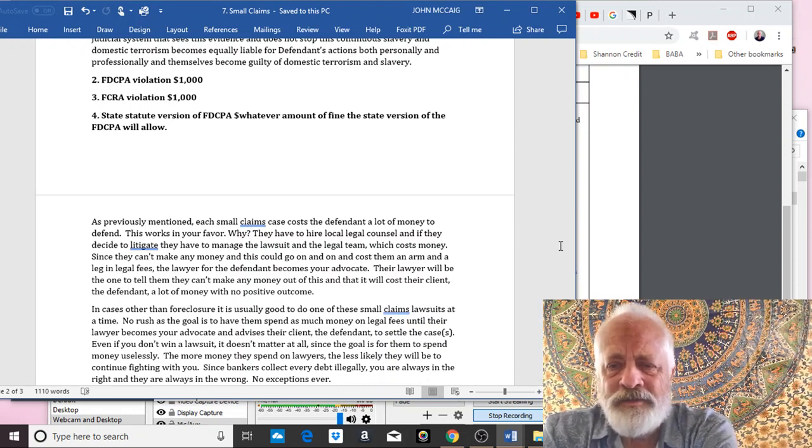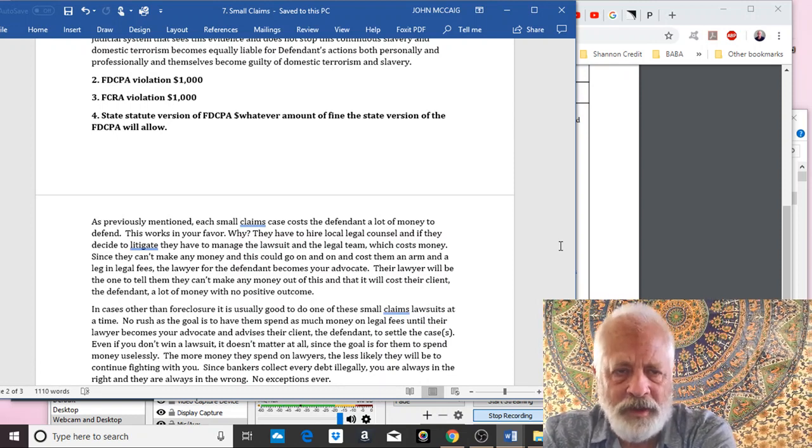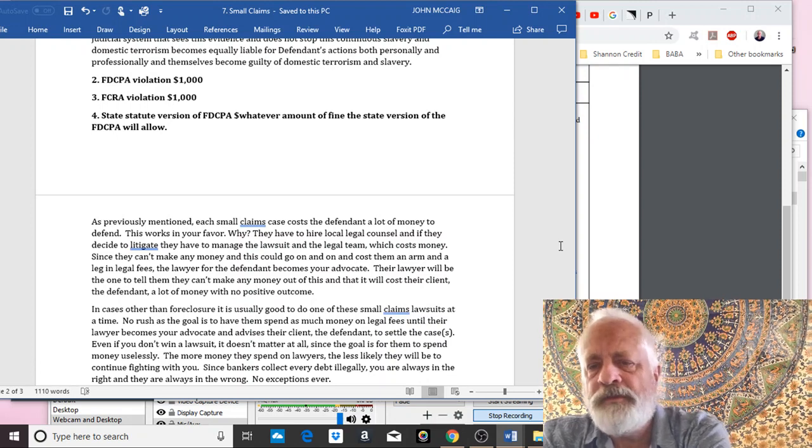Maybe you've never been to small claims, but the forms are simple. The courtroom's simple. How it works is super simple. It's so that anyone can go to court, really. That's what small claims is about. But we're using it to our advantage to expose them. Okay, so that's the first one.